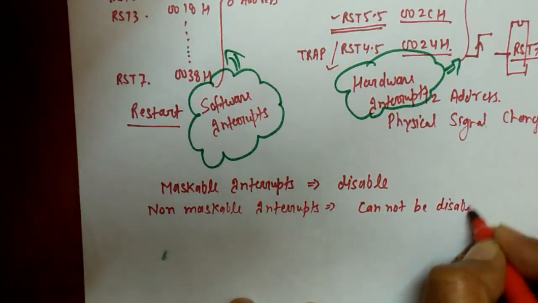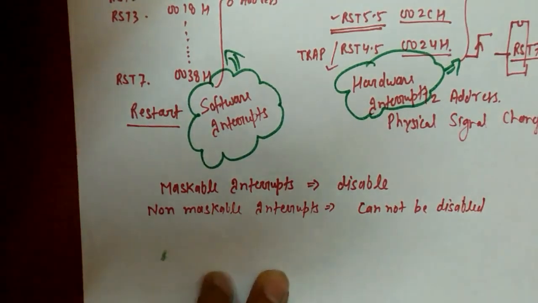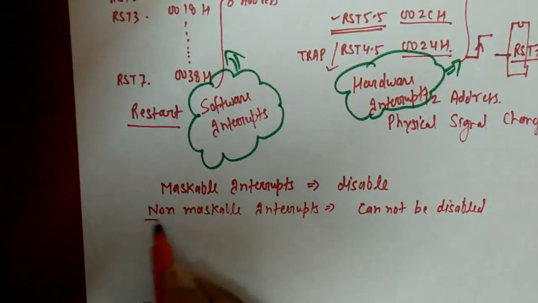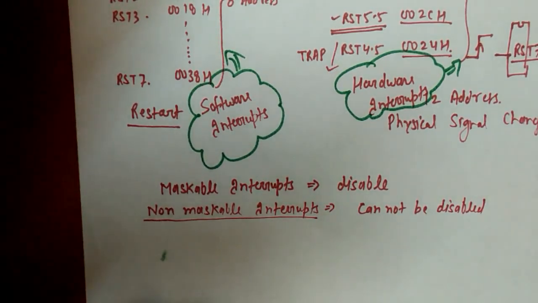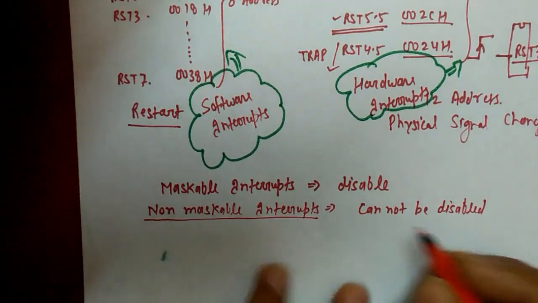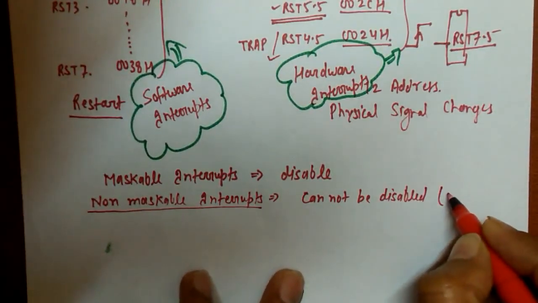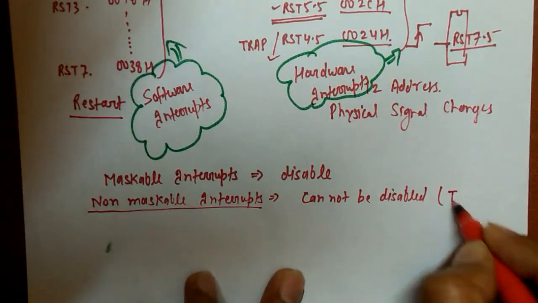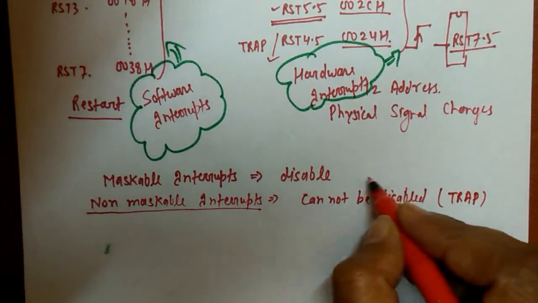That means if any interrupt is generated at a non-maskable interrupt, then that subroutine will definitely run. As an example of a non-maskable interrupt, there is only one non-maskable interrupt in the 8085 microprocessor, that is TRAP, and the rest of all are maskable.